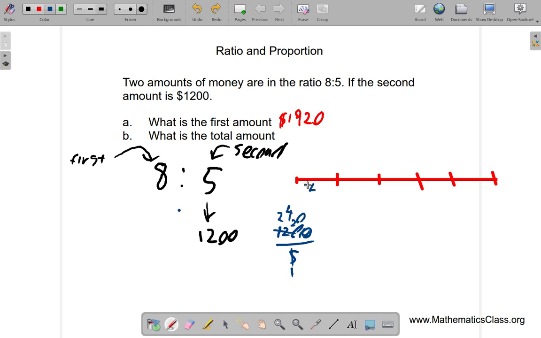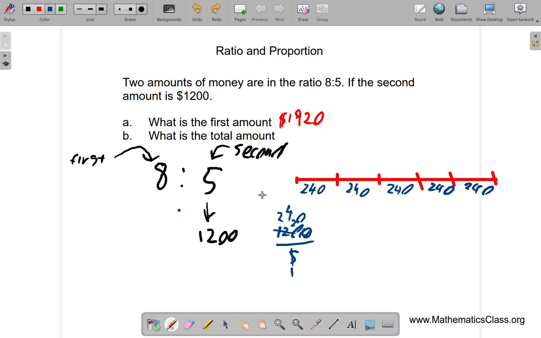So you have 240 for each part. 240, 240, 240, 240. All of that makes up the second part of the money. And each part is 240, because if you add them up, all 5, you're going to get back the 1,200.